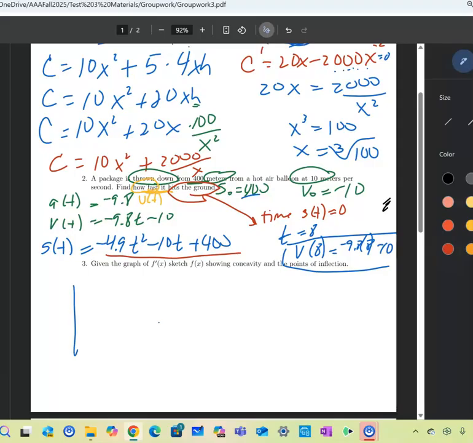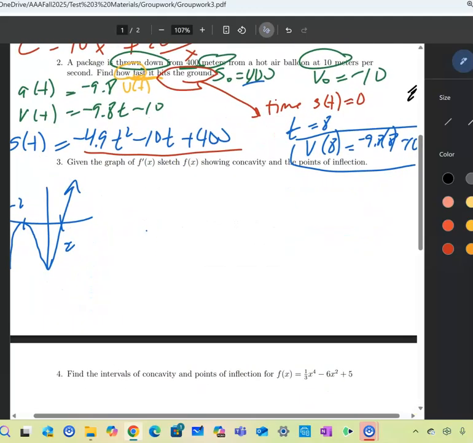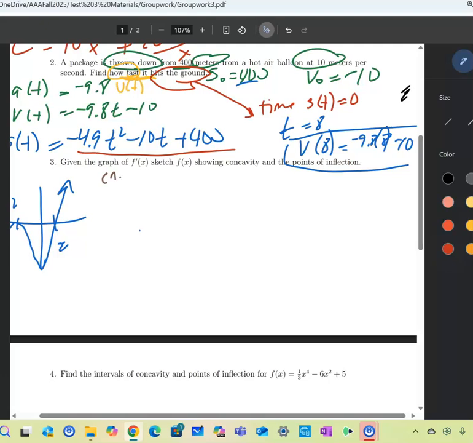All right, so let me draw the picture that I had, like that. So here's 2 and here's negative 2. Again, I encourage you to start with the critical numbers. I know the critical numbers where the derivative equals 0 are x equals negative 2 and 2.